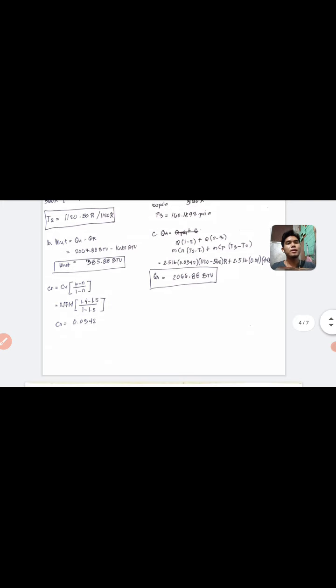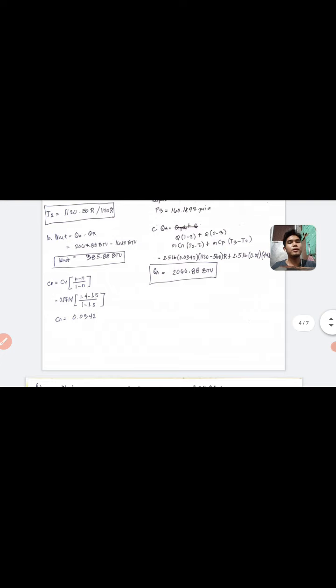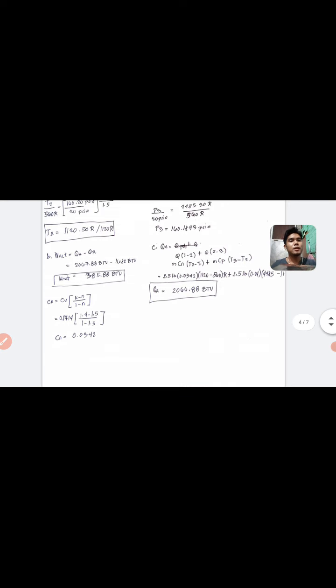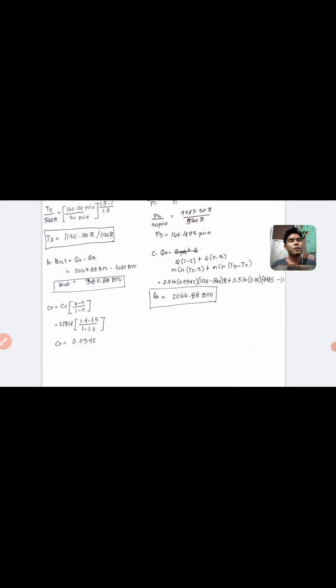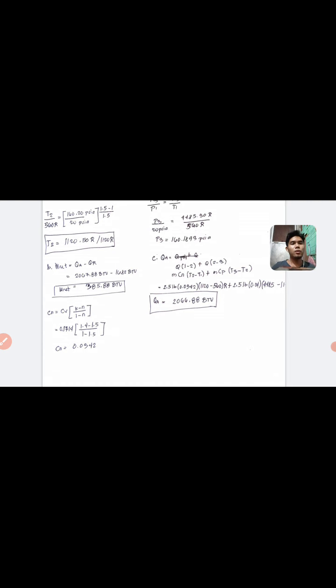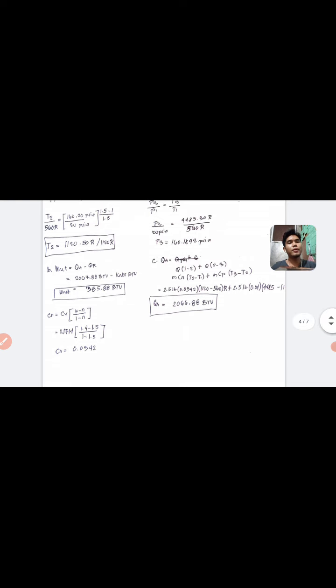So we can solve here now for our Q of state 1 to state 2. So mass is equal to 2.5. So mass times Cn times T2 minus T1, plus MCp of T3 minus T2. So 2.5 also the mass. And as we all know that it is air, it is already given that Cp is equal to 0.24 since it is air.